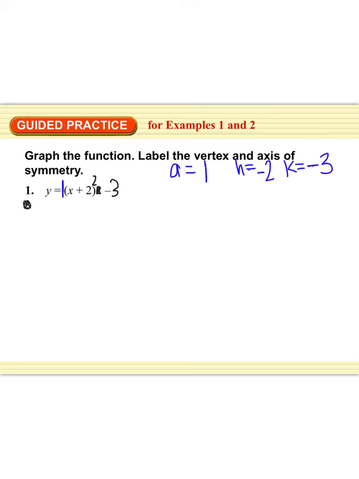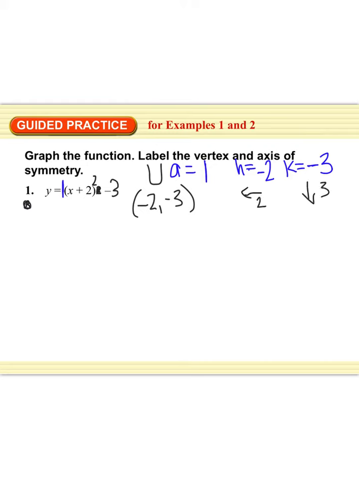So the value of A tells us that our graph is going to be opening up, and H, K tells us that our vertex is going to be at (-2, -3). Right, because we moved to the left 2 and down 3.